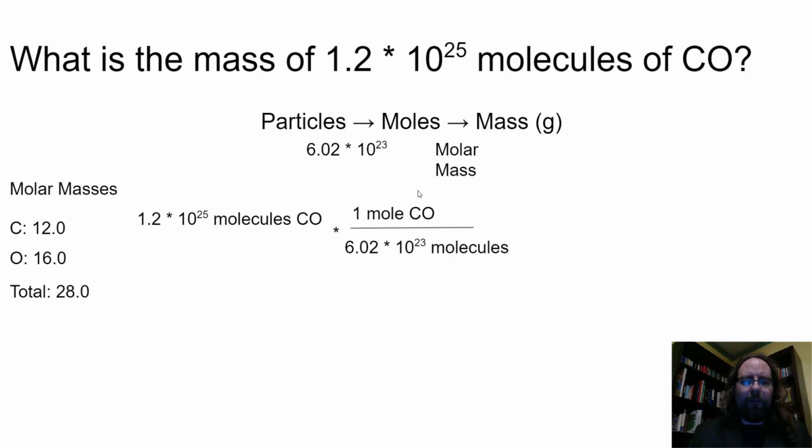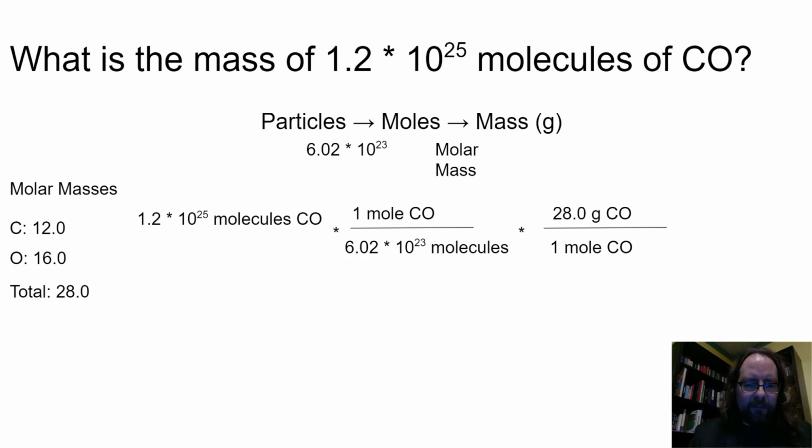Now that we have a mole of carbon monoxide in the numerator, we're going to multiply that by our molar mass, 20.0 grams of carbon monoxide per 1 mole. So you should be able to see what's going to happen here with the conversions. The molecules cancel out, the moles here cancel out, and the only unit left is grams, which is exactly what we want because it asks for mass.